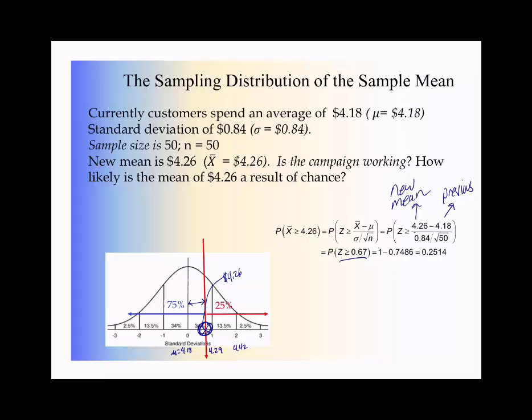Because remember, statistics is all about samples. And if we polled every single person who ever bought a cup of iced coffee, well, then we really wouldn't need to do a statistical test. But because we're just taking a sample of the population, what we want to know is whether our new sample mean is really representative of what we're trying to find out.